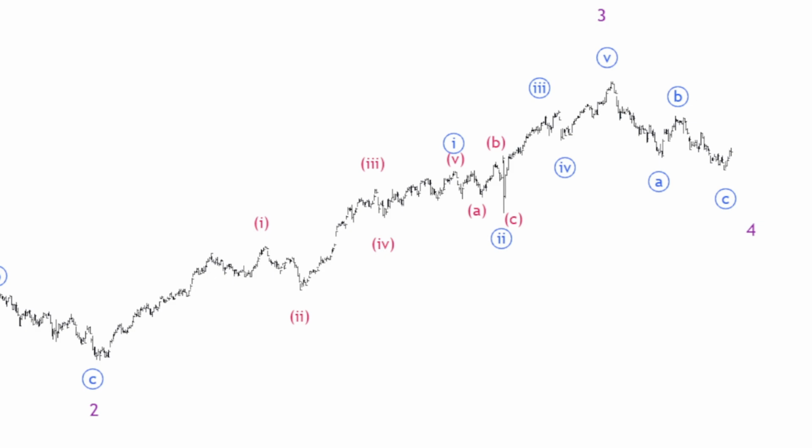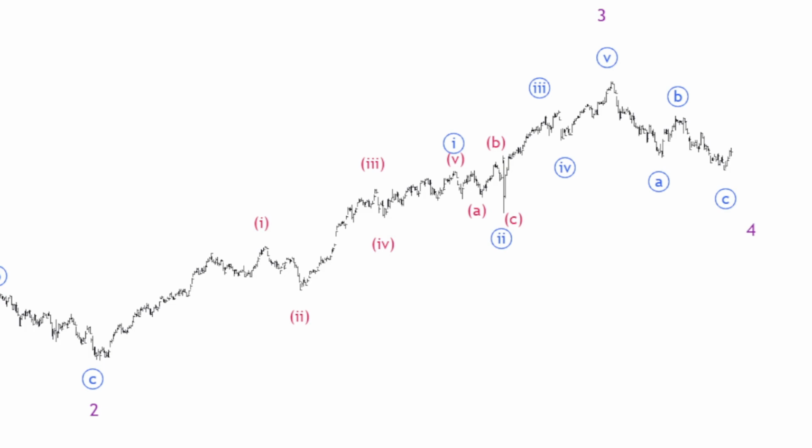However, if we see a false breakout or weak volume, we might get a wave 4 triangle as well, which is a lower possibility, but is not entirely ruled out.